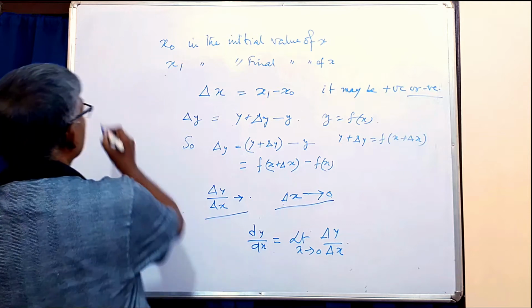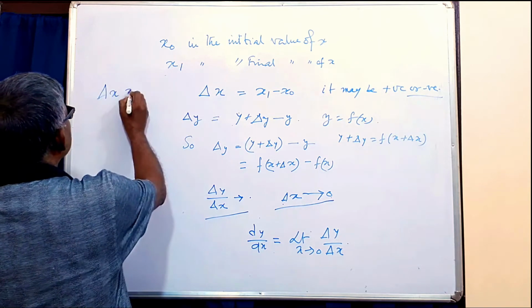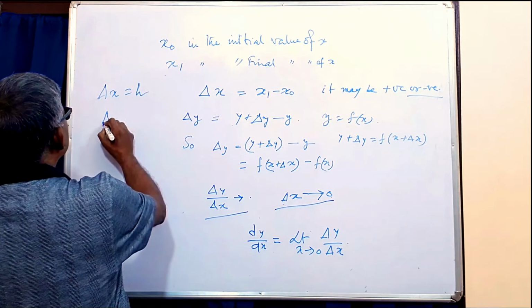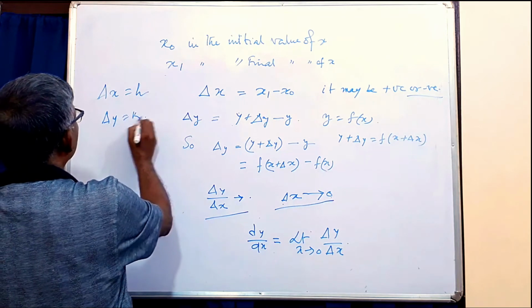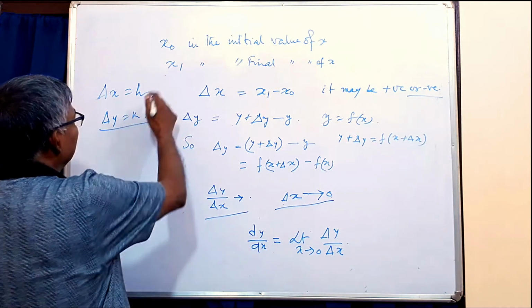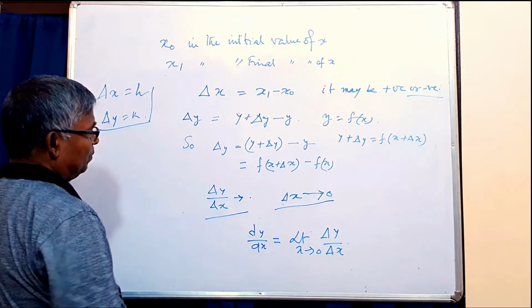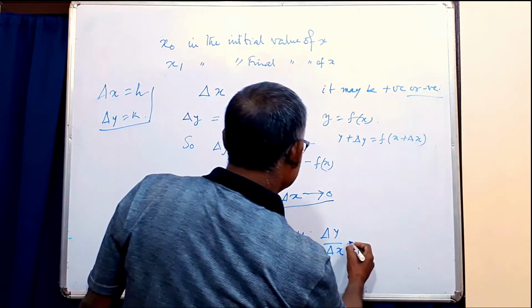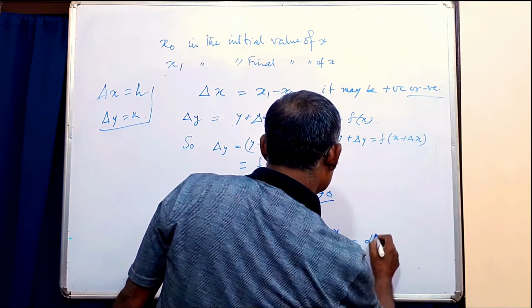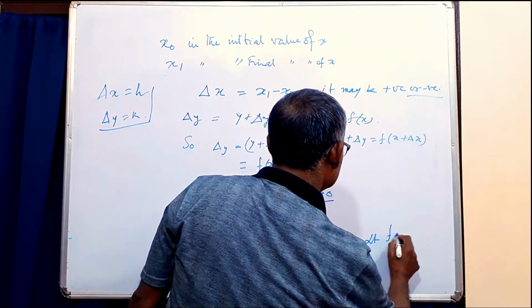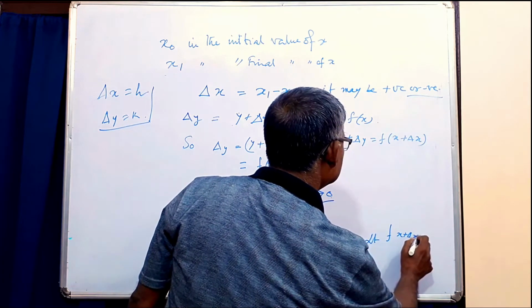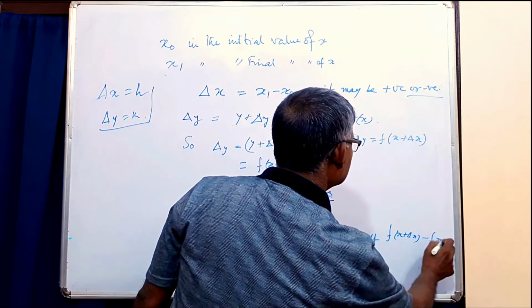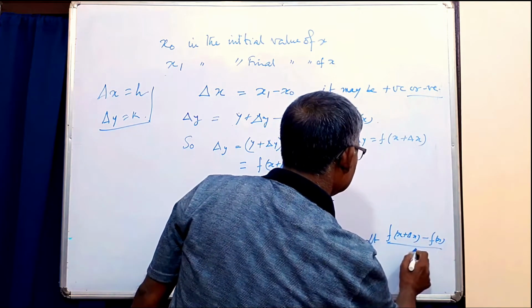Sometimes we write delta x equals h, similarly delta y equals k. It may be required in mathematical calculation. So it can be written as limit delta x tends to 0 of f(x plus delta x) minus f(x) by delta x.